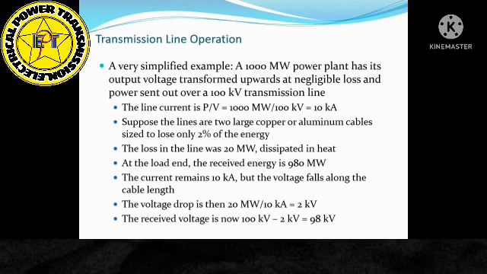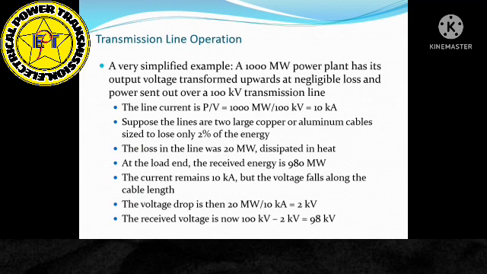The current remains 10 kA, but the line voltage falls along the cable length because of this 10 kiloamperes. So now you calculate the voltage drop with reference to the power loss. 20 megawatt divided by 10 kA gives a voltage drop of 2 kilovolts.